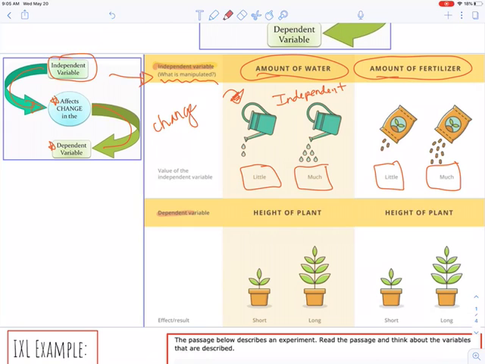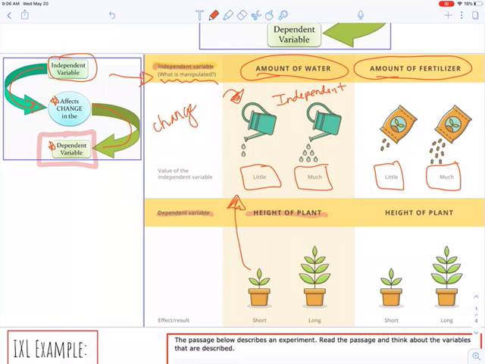Then there's the dependent variable. And the dependent variable is what is affected by the change of the independent variable. So here you can see that the height of the plant might change as a result of how much water was used.